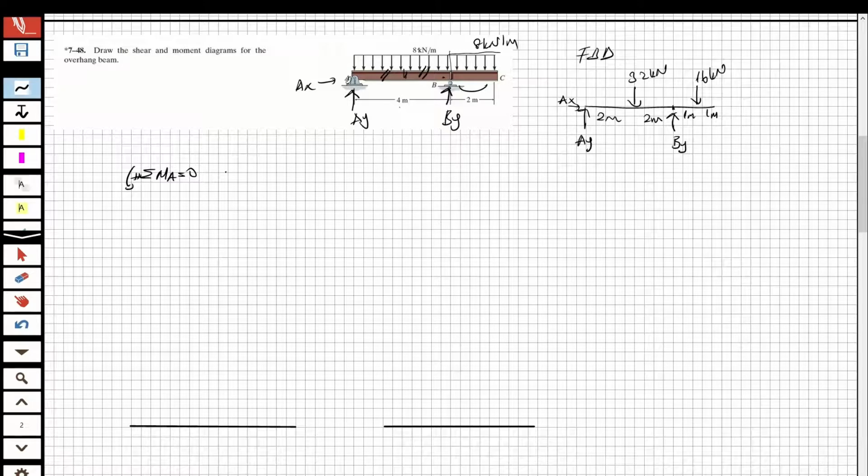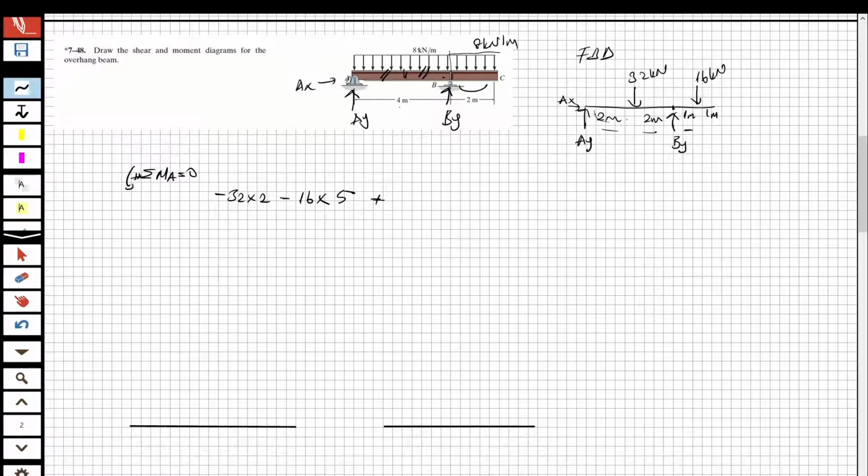And minus 32 multiplied by 2, and minus 16 multiplied by 5, okay? And we have just By.